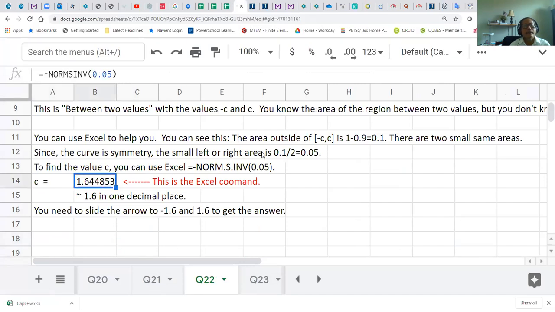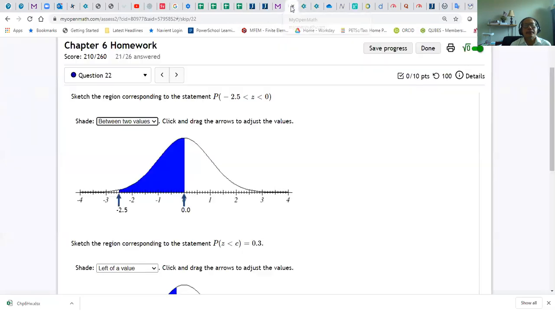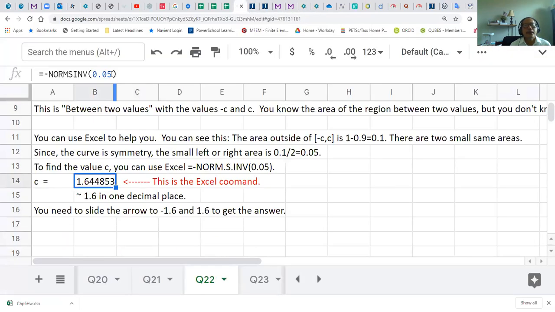Because the area is simply less than, you need to replace this number with the number that you have here, 0.3.